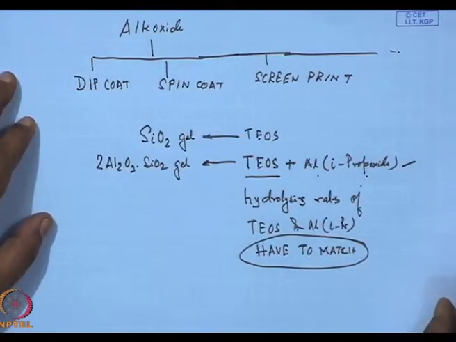So, the alkoxide method, in spite of its huge potential, that is, what are the potentials of the alkoxide? It forms a polymeric material, it decomposes cleanly to give us the basic ceramic.